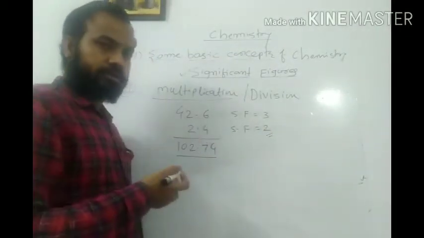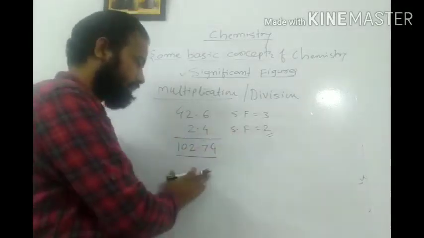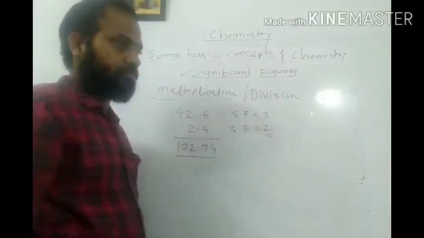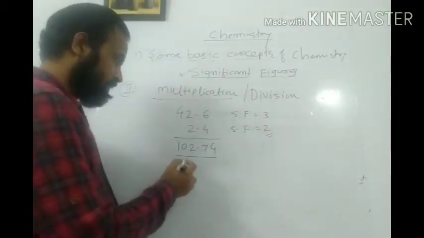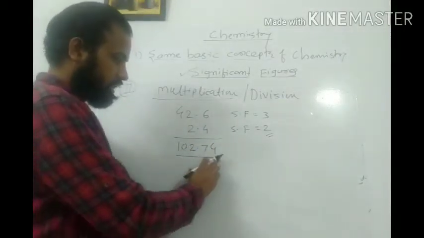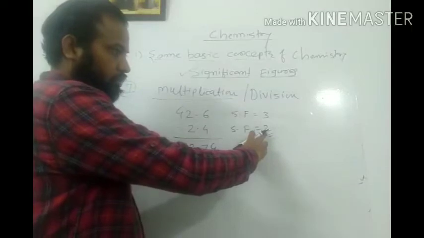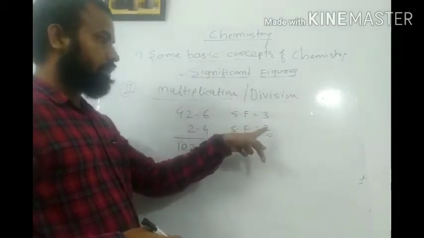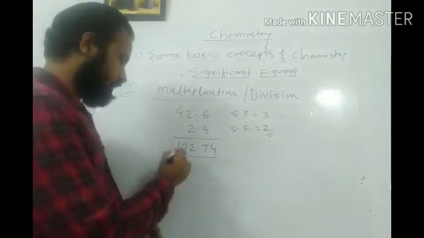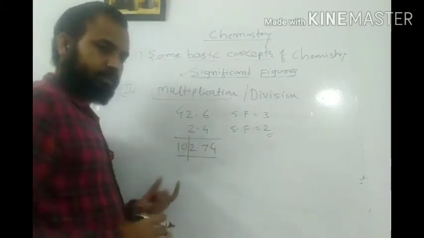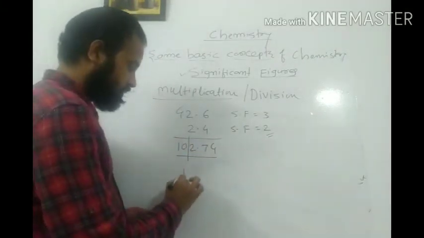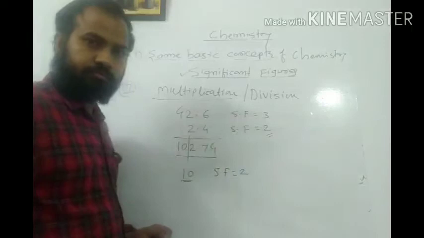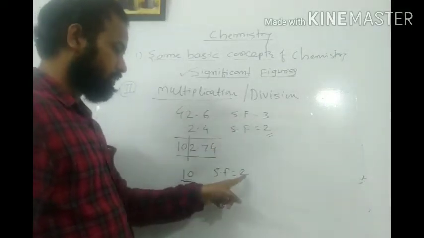So you have to restrict your answer so that the significant figures of the answer also number the minimum, 2 digits. If we see, for this answer the significant figure count is 5, and I want the significant figures to be 2 only, because as per my criteria the minimum is 2 here. So I restrict this answer at this position, so the correct answer should be 10 only. Why 10? Because the significant figure count is 2 here. Considering this minimum value, I am correcting my answer.